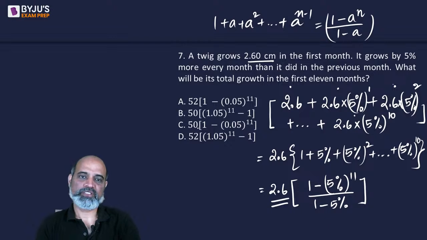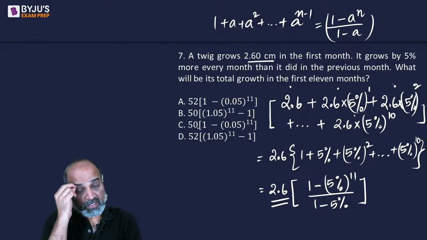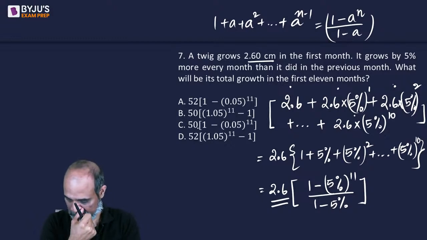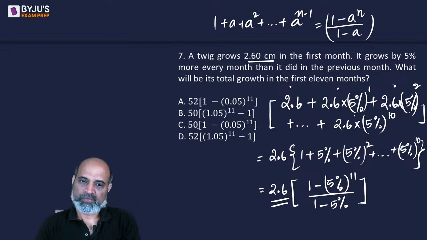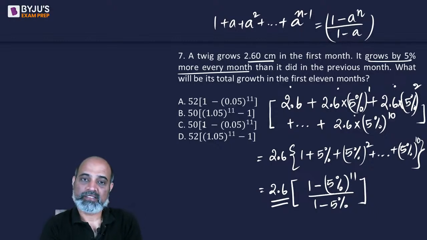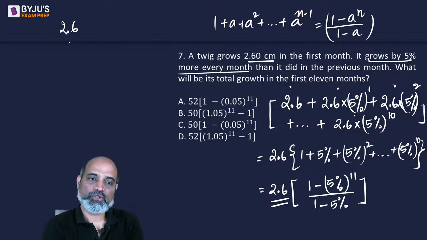It grows by 5% more every month. Okay. It grows by 5% more every month means अगर पहले मंथ में 2.6 है तो अगले मंथ में 2.6 तो होगा प्लस 5% of 2.6 होगा, right?